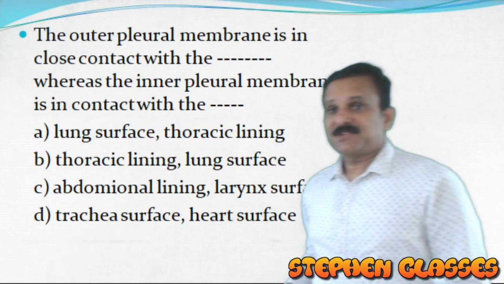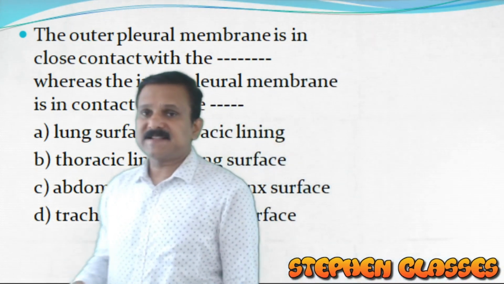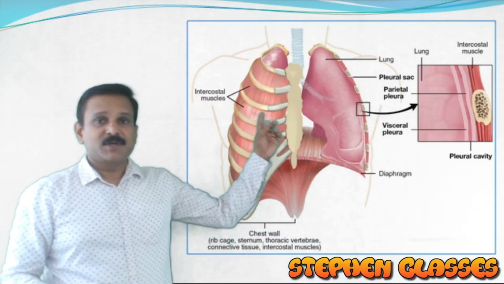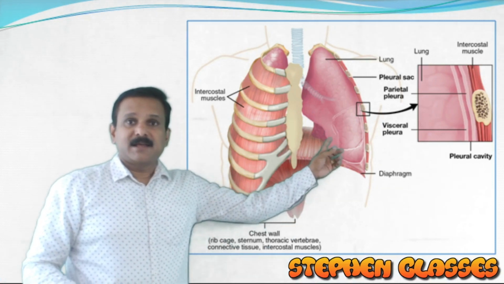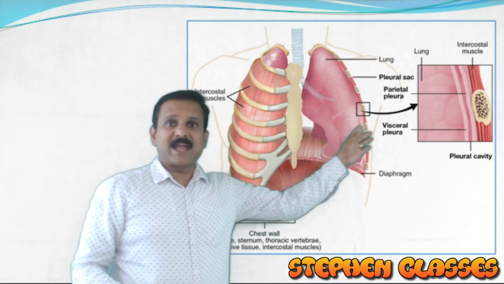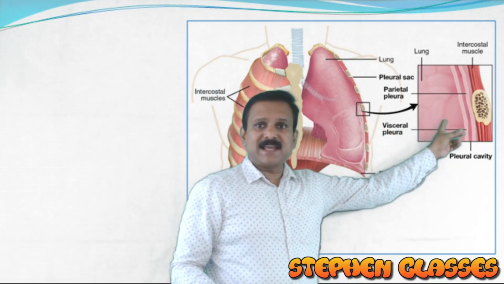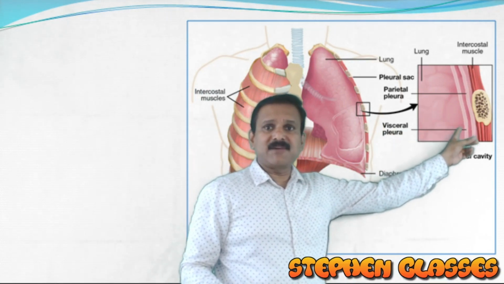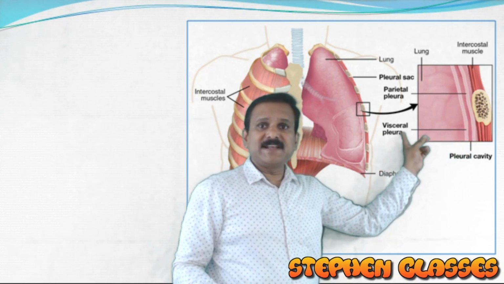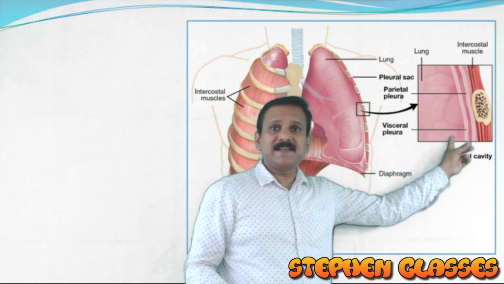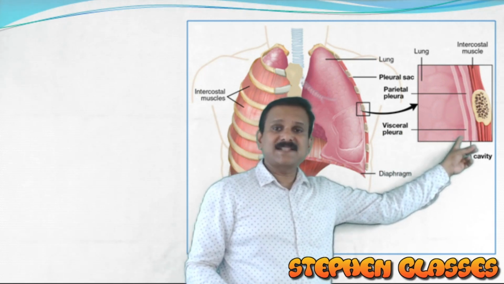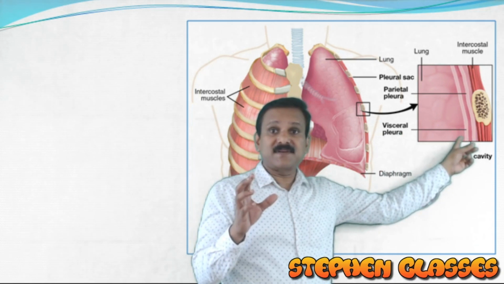So we have a picture of these pleural membranes. Here you can see our lungs, and we have taken a sectional view. In this sectional view, very close to the lung surface, there will be the visceral pleura. Visceral pleura is lining the lung surface.